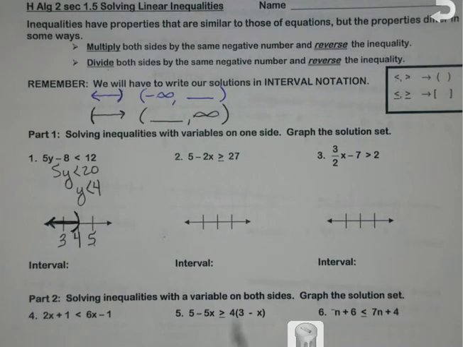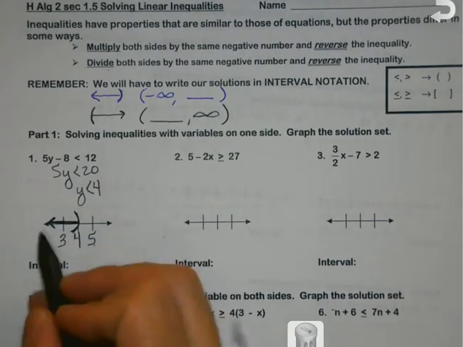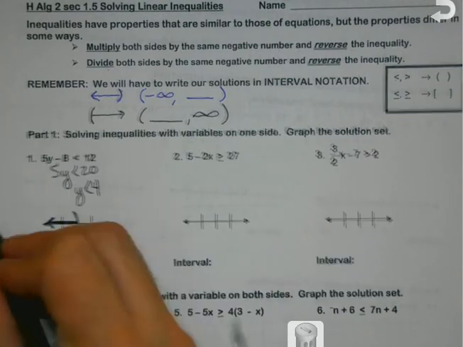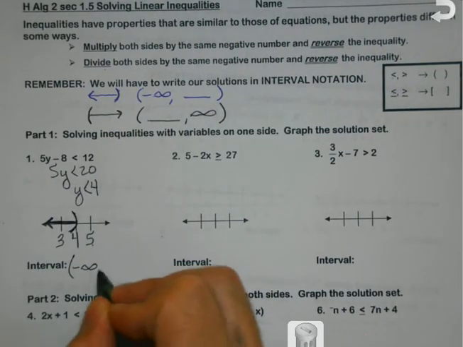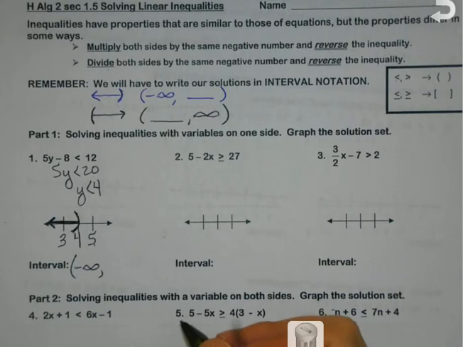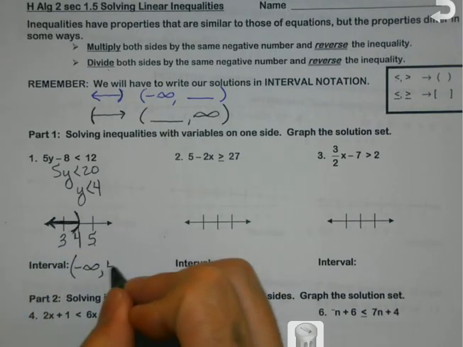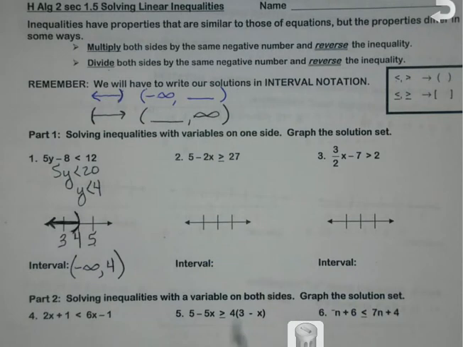So like we just mentioned up above, since I'm going left to right, I'm starting at negative infinity because this arrow goes infinitely to the left, and infinity is always a parenthesis. And I come up to my stopping point at 4 and just use the same symbol that I already got. Nothing too bad. And on any of these, that's basically going to be all that we're doing. It's kind of an Algebra 1 review with a couple of graphs thrown in.